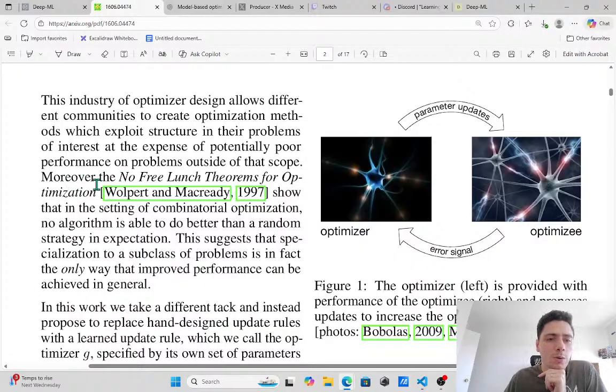Probably should know what this is. More of a no free lunch theorem for optimizers. Setting up combinatorial optimization, no algorithm is able to do better than a random strategy in expectation.